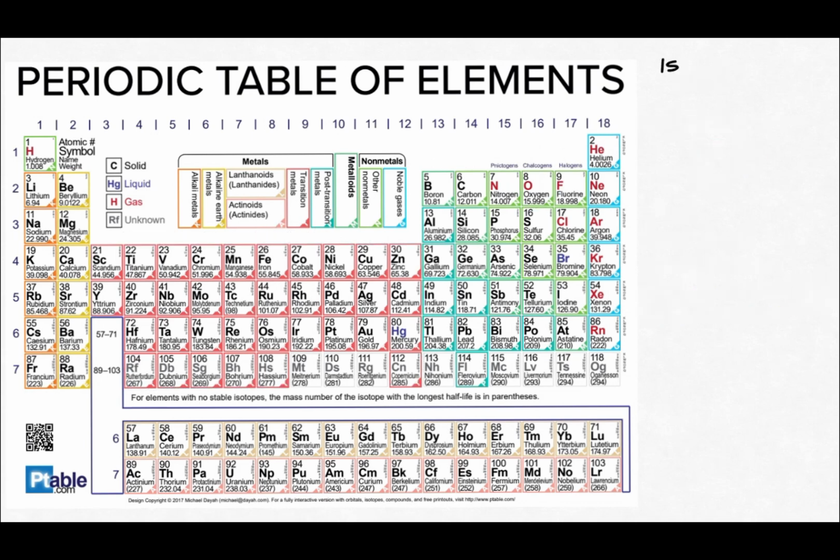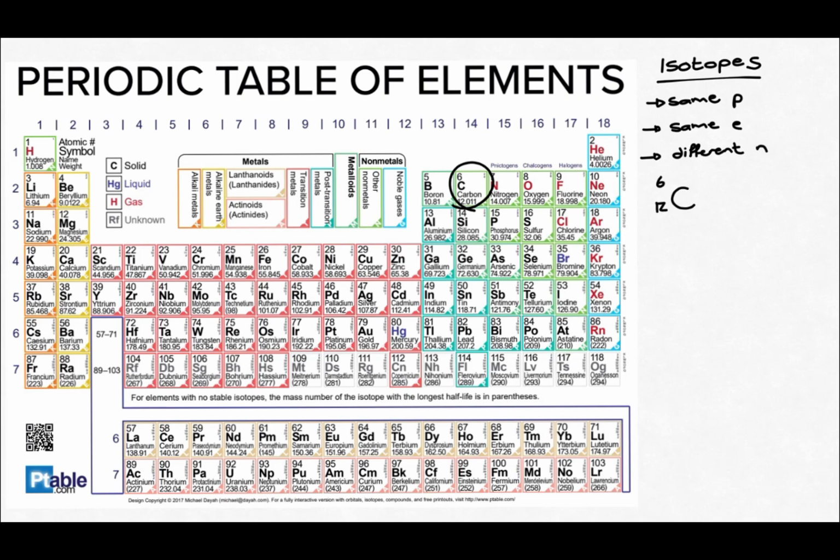The last one that we'll have a look at that's also a bit different are isotopes. So isotopes have the same number of protons as well as the same number of electrons, but they have different number of neutrons. So if we take carbon as an example, the carbon on our periodic table, which is technically an average for all the carbon isotopes out there, has a proton number of 6 and a mass number of 12.